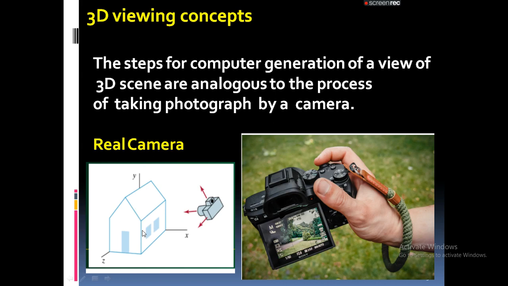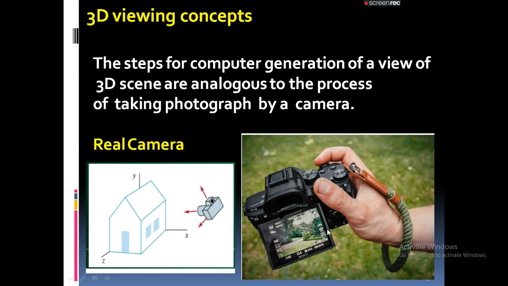Here we have an object and here we have a real camera. Whenever you capture an image with a real camera, the captured image is displayed on the screen of the camera, or I can say on the film of the camera.